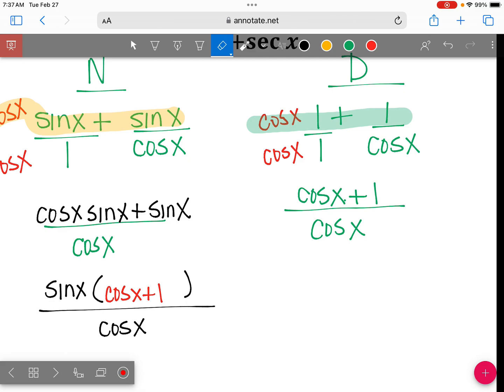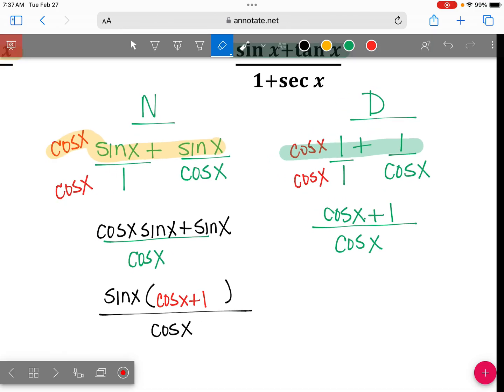So now I'm just ready to bring this together. What I have to do is divide this by this, which means I'm going to do a keep, change, flip, right? So I'm going to keep this the same, change it to multiplication, and then flip it.